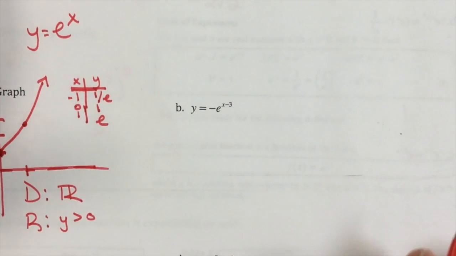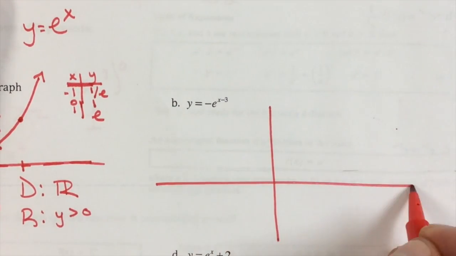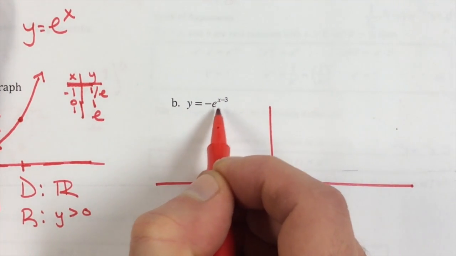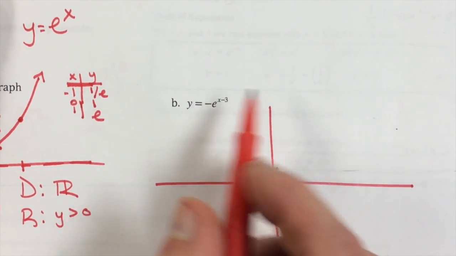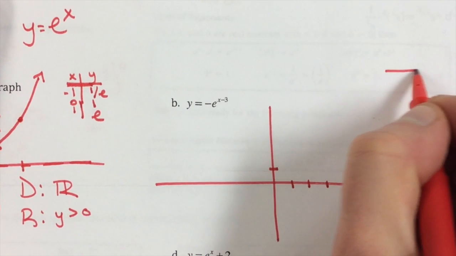So let's look at a couple other of these graphs, just as an expansion of what we talked about earlier today. If I have this e to the x minus 3, that's shifting my graph 3 to the right.